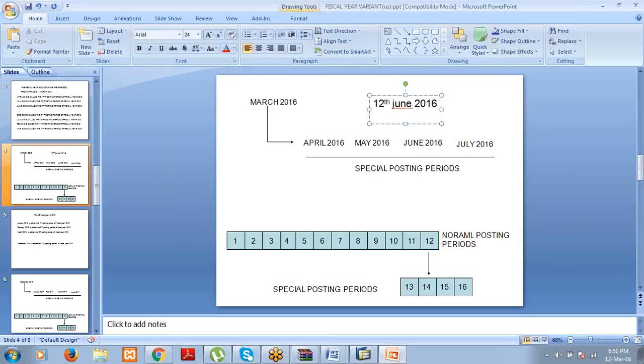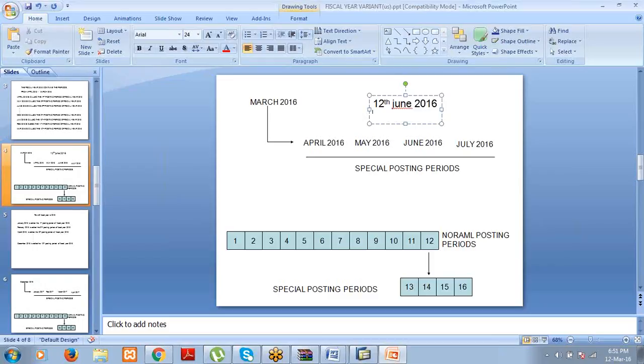So this business transaction may be relating to current year, 2016 and 2017, or it may be the business transaction relating to previous year as an adjustment. I hope everybody is able to get my point.